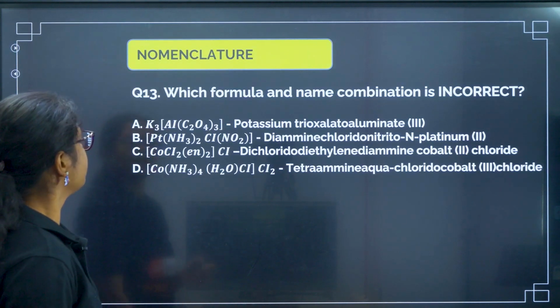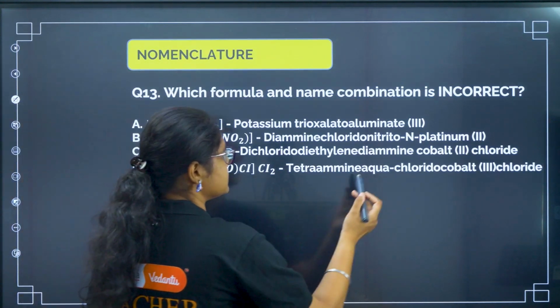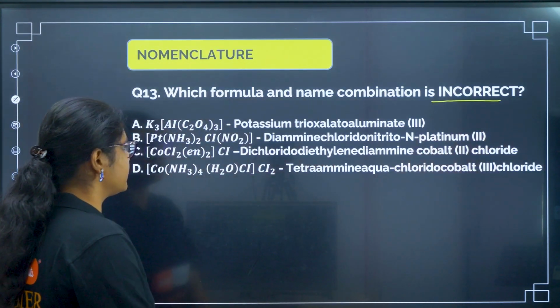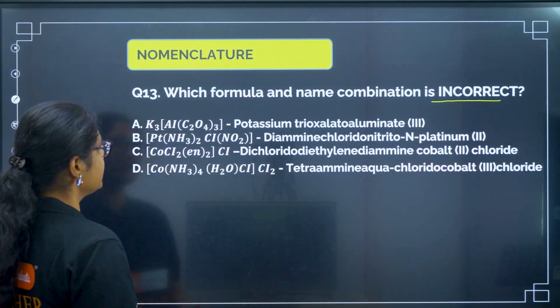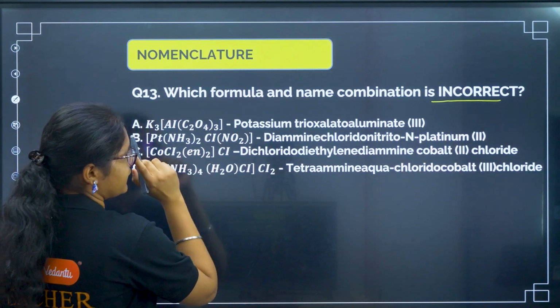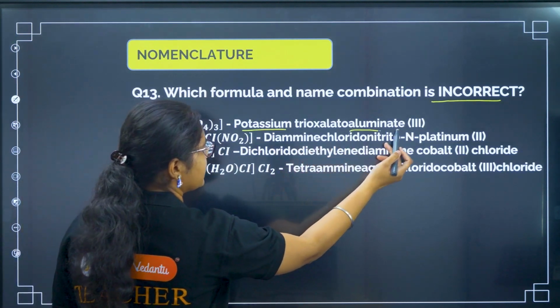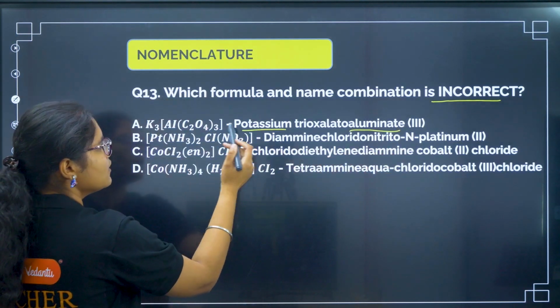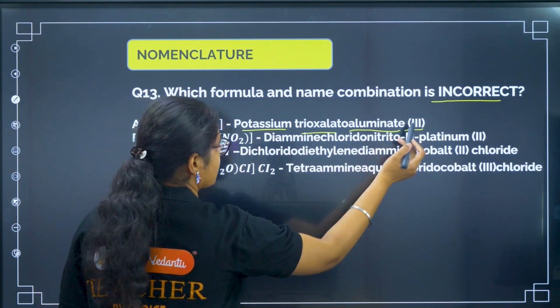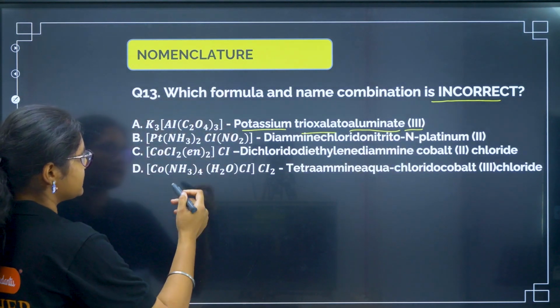Next, which formula and name combination is incorrect? Okay, so very simple one. Let us see quickly. Aluminium oxalate, incorrect, we have to find out. Okay, so potassium is there, then aluminate is there because it is a negative term. Trioxalato, and this part, yeah, this is also correct. Now let us see the next one.